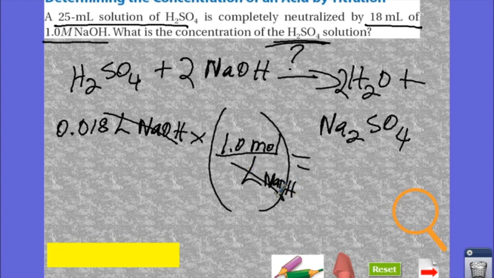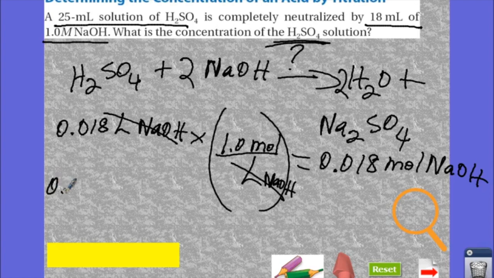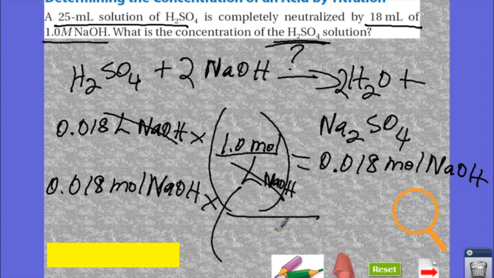1.0 moles per liter. This will give you the moles. Liter NaOH, liter NaOH cancel out. We end up with 0.018 moles NaOH. And then we do a mole to mole ratio, 0.018 moles NaOH.